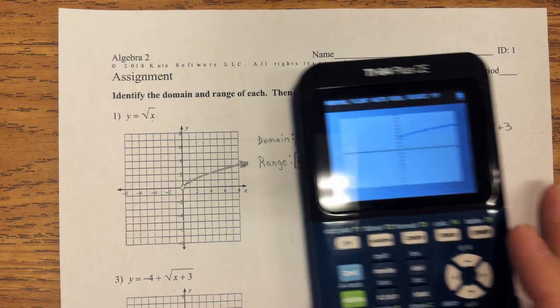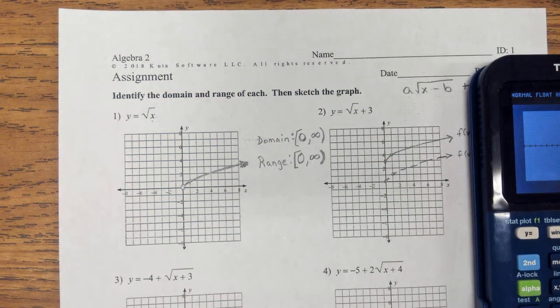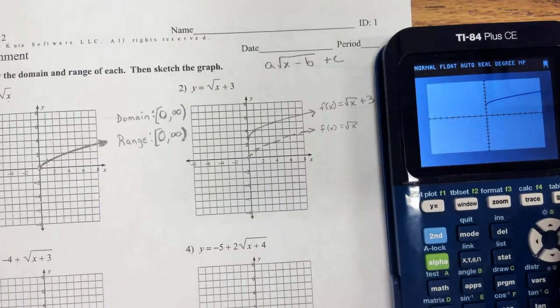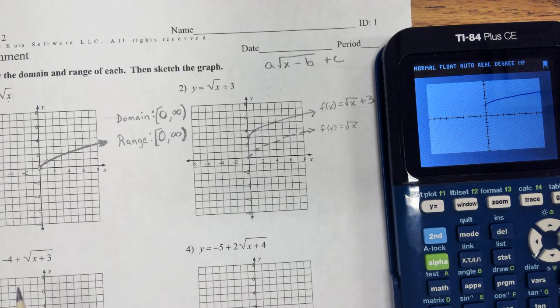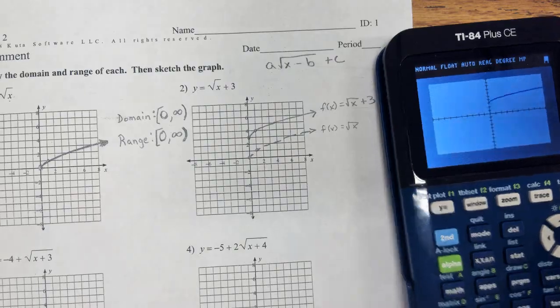There it is. And we can see that this looks very similar to that. Okay? So that's another way that you could self-check yourself. Might help a little bit.